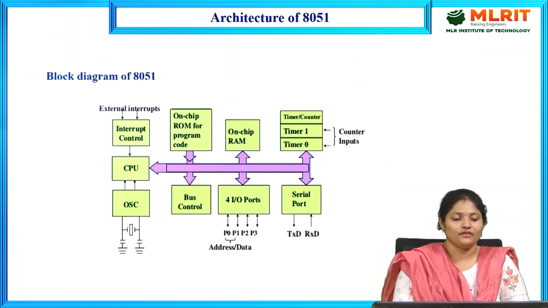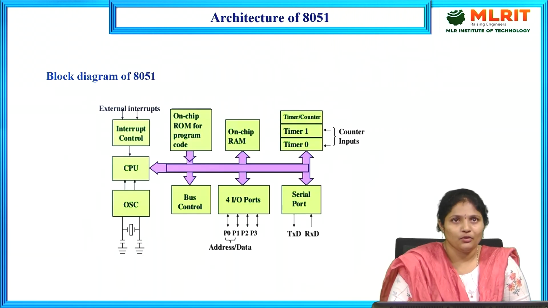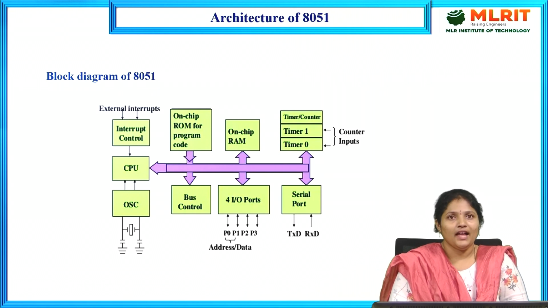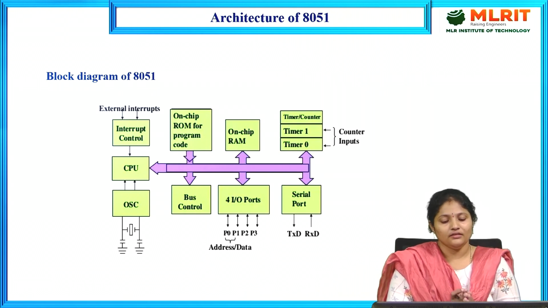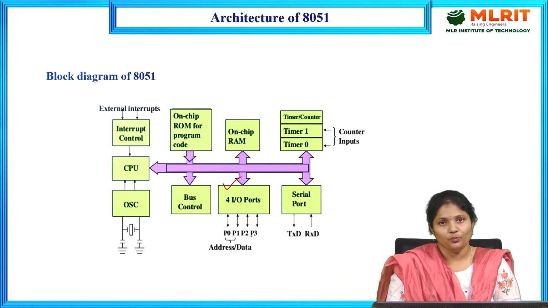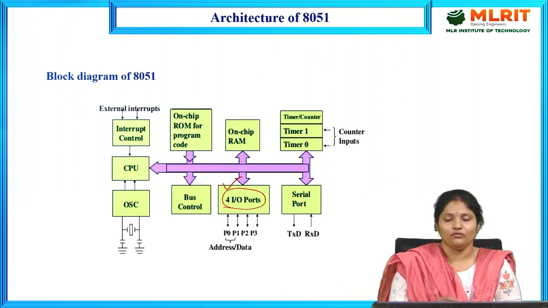Coming to the block diagram of 8051. In the 8051 block diagram, we have the 4 input-output ports. As I already told you, port 0, port 1, port 2, port 3, each one of these ports has 8 bits. So a total of 32 input-output lines is there, in the 4 input-output ports.